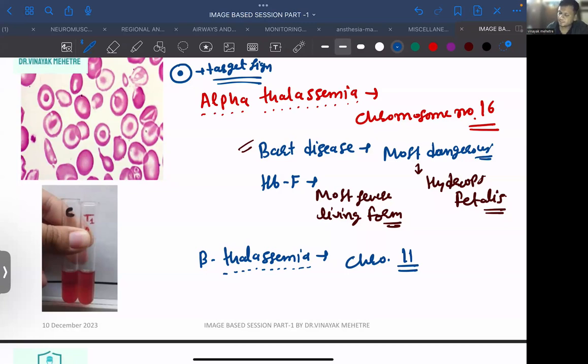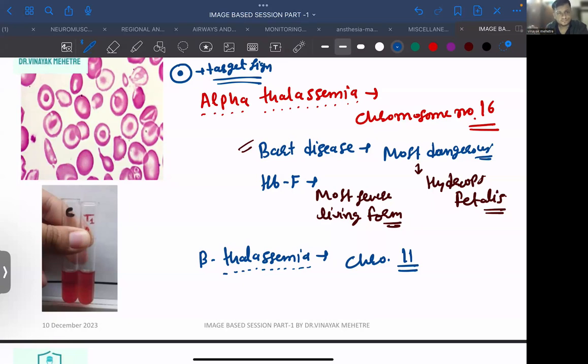When I was giving you the question, I said there is crew cut appearance on the X-ray of the skull. Can anybody tell me where else, except thalassemia, you will find crew cut appearance?